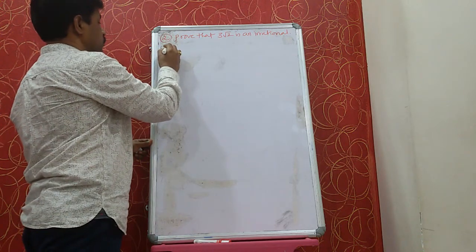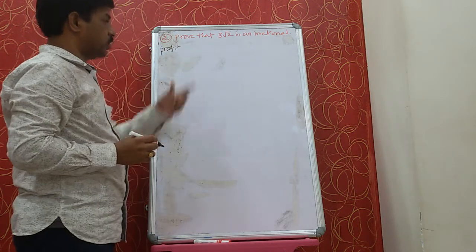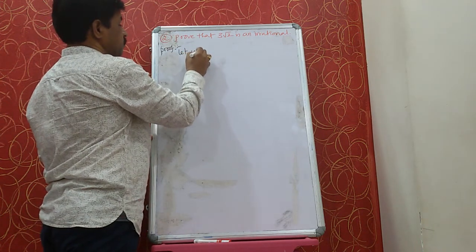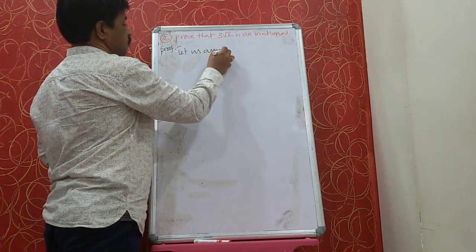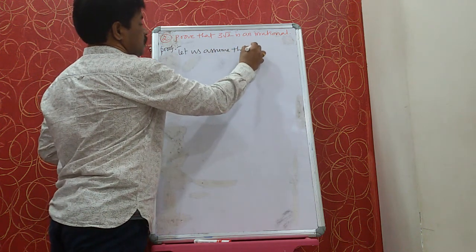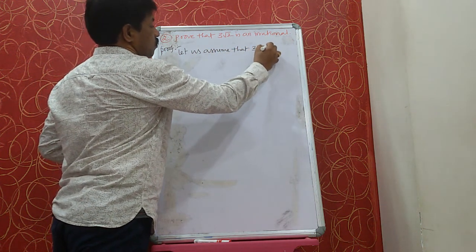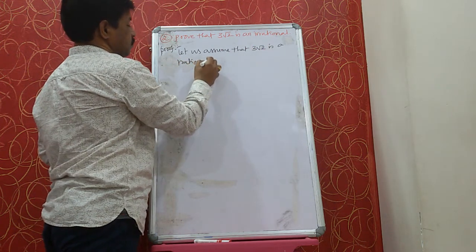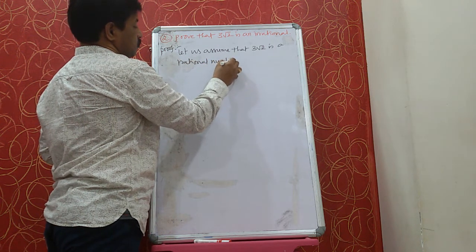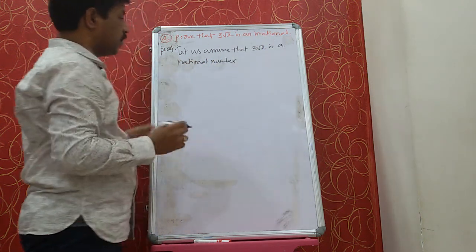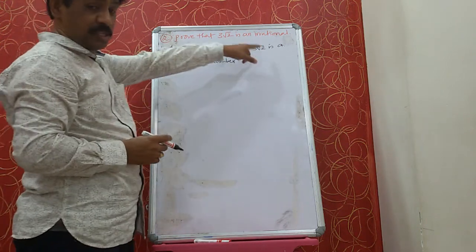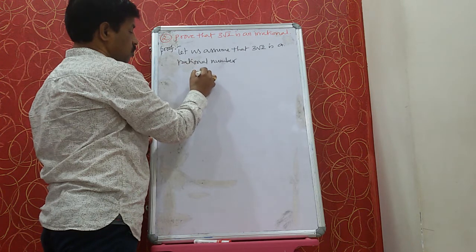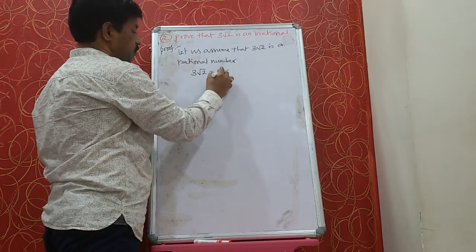Now, proof. We have to take the statement contrary to the given statement. That is, let us assume that 3 root 2 is a rational number. When it is a rational number, we can express this in the form of p by q. That's why we can write 3 root 2 equal to a by b.